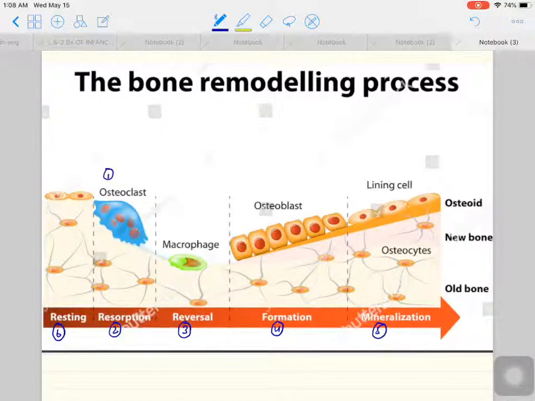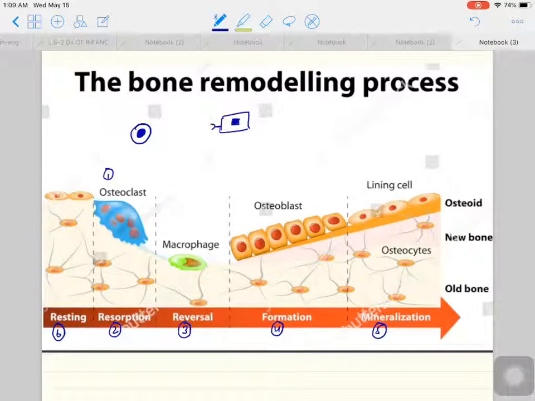So the first phase, that is the activation of the osteoclast, is activated by different factors. It mainly depends upon the osteoblast, because the osteoblast has a receptor.